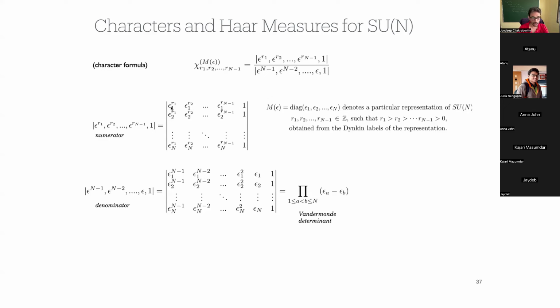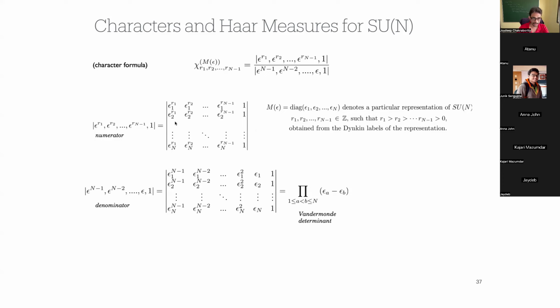The number of epsilons depends on the rank of the group plus 1. That means I would expect N minus 1 variables or coordinates should be there, but here I have N numbers, right? So not all of them are independent.